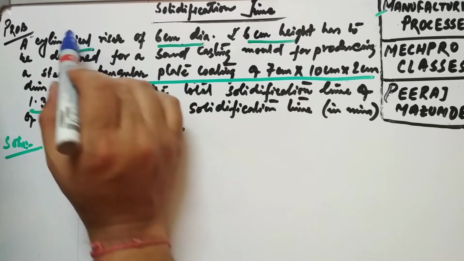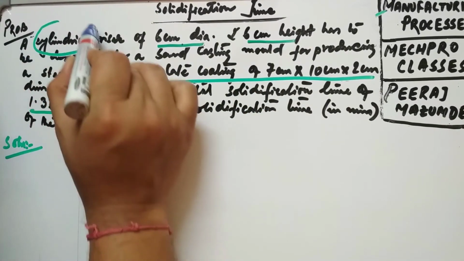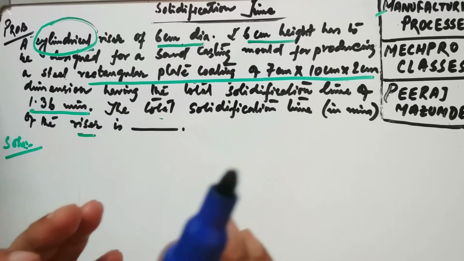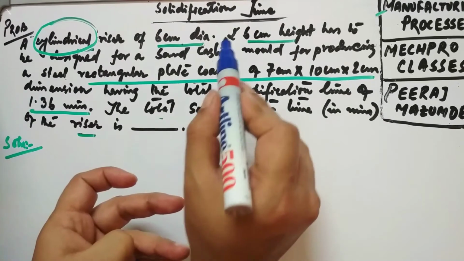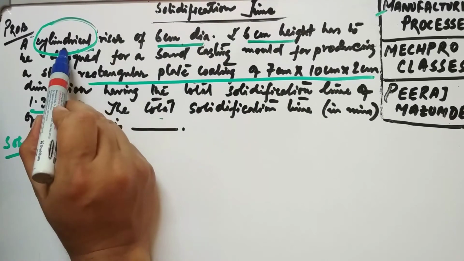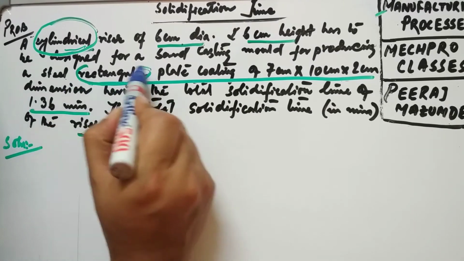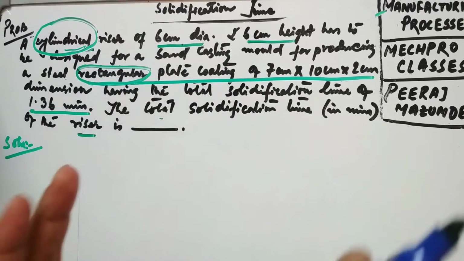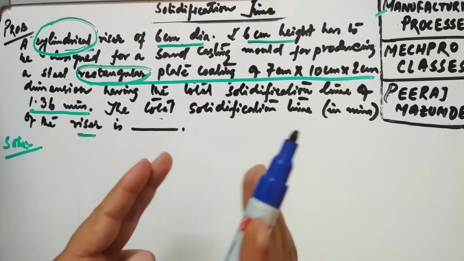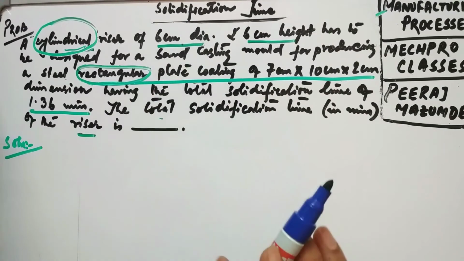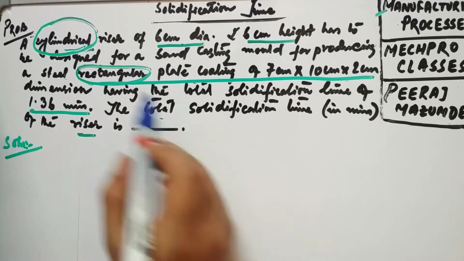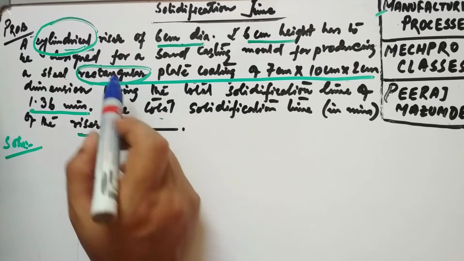Just pick up the geometrical shapes that we need to solve this particular type of problem. One is saying cylindrical and another is saying rectangular. Those 2 key points need to be understood while solving this type of solidification time problem. Okay, so just pick up these dimensions, or you can say geometrical dimensions.